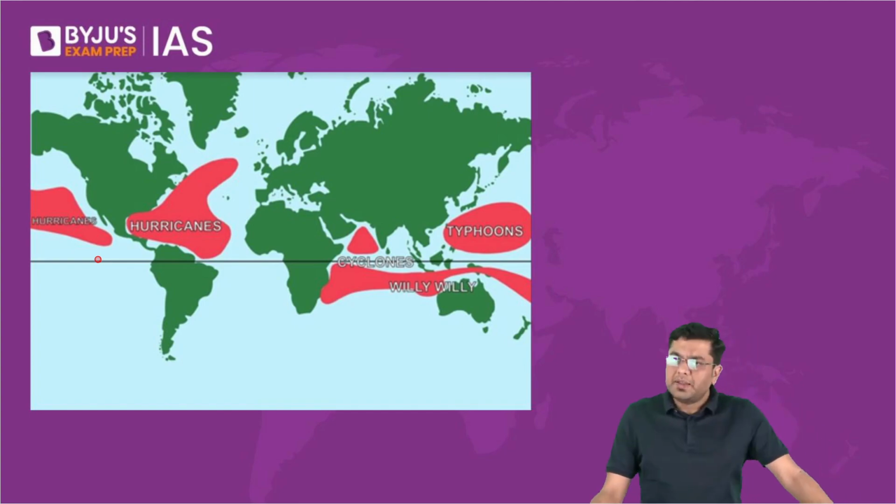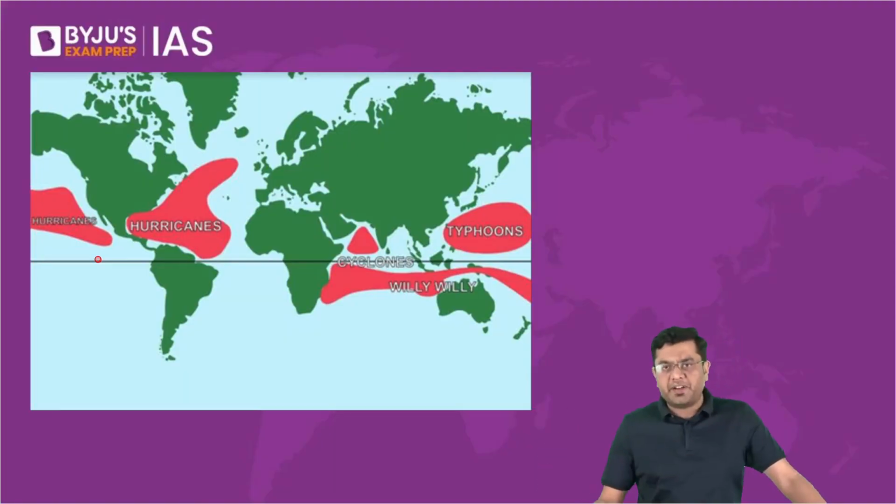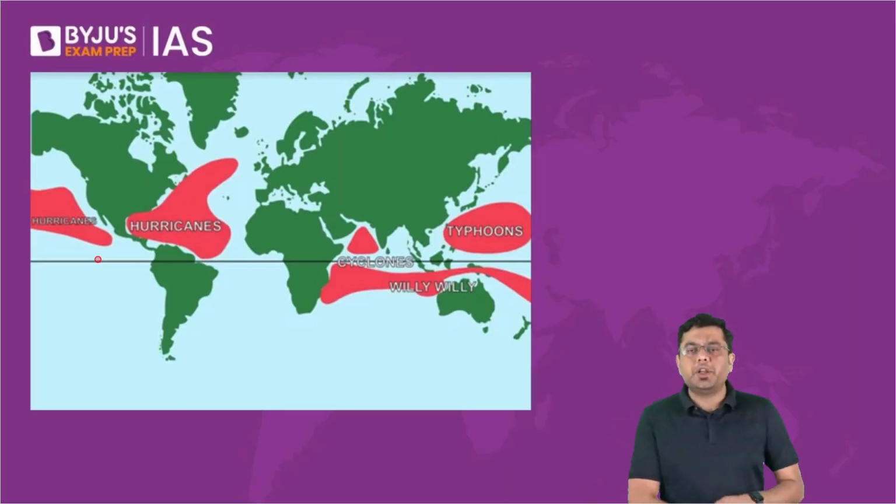Then we took a look at the different types of cyclonic formation. You have the cyclonic formation observed in the mid latitudes, which we refer to as the temperate cyclones. We have seen that these temperate cyclones are created whenever you have a frontal distortion beyond a certain limit. So not all fronts will develop into a temperate cyclone, but for the formation of a temperate cyclone, a frontal formation is a must.